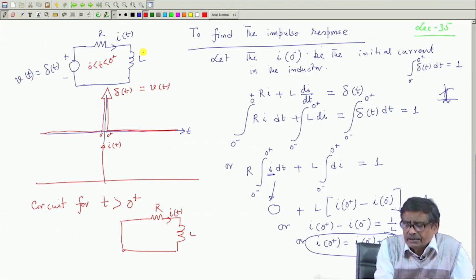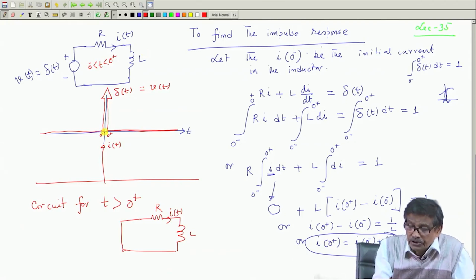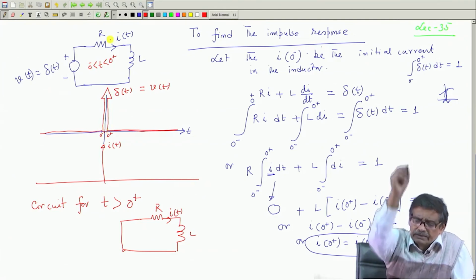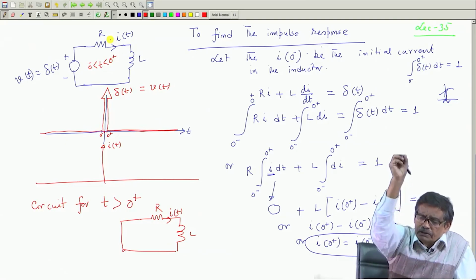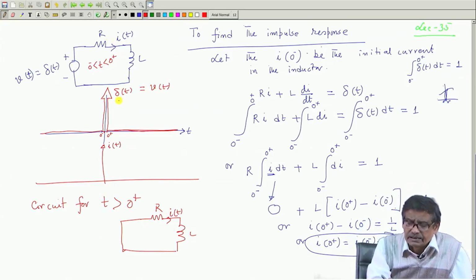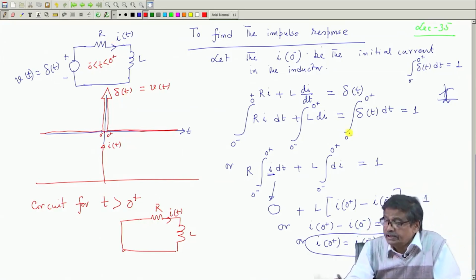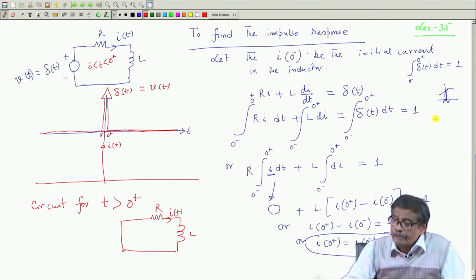But at t equal to 0, you have applied an impulse, means between 0 minus to 0 plus there exists an infinitely narrow pulse whose height is infinitely large. That is what delta t is. That is why the integral from 0 minus to 0 plus of delta t dt is equal to 1.